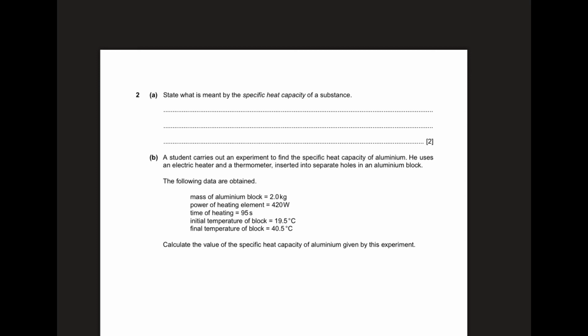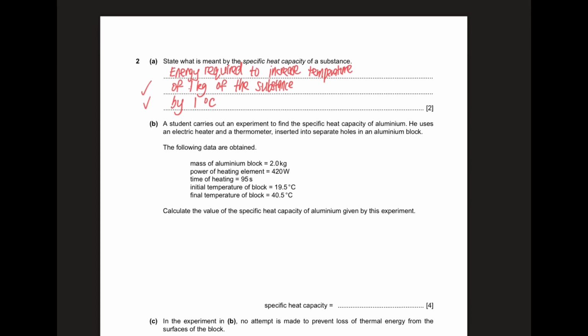This is defined as the energy required to increase the temperature of 1 kg of a substance by 1 degree Celsius. Okay, so 1 kg, 1 degree Celsius, 2 marks.